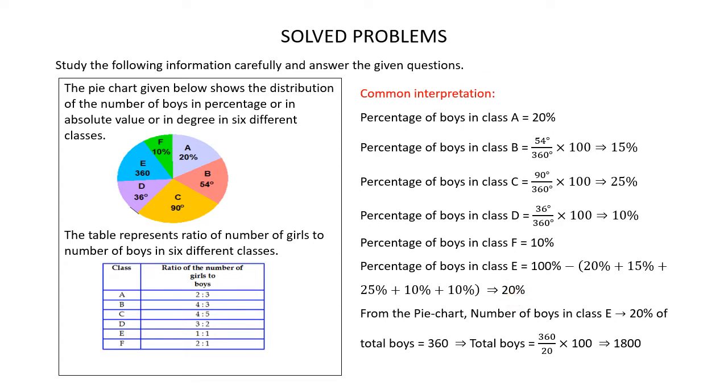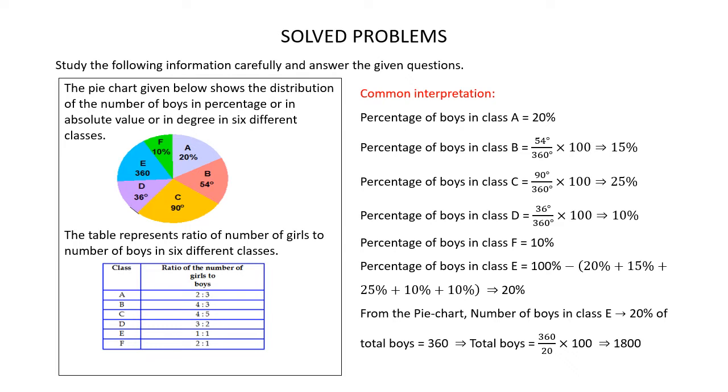It's given in the pie chart that the number of boys in class E is 360. So 20% of the total boys is equal to 360. This means the total number of boys is 360 divided by 20 multiplied by 100, which is 1800.